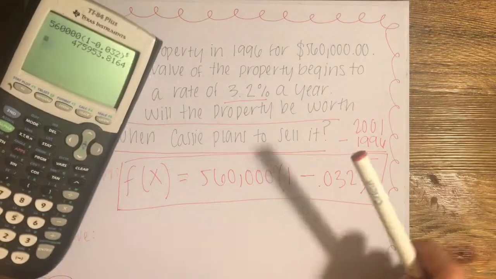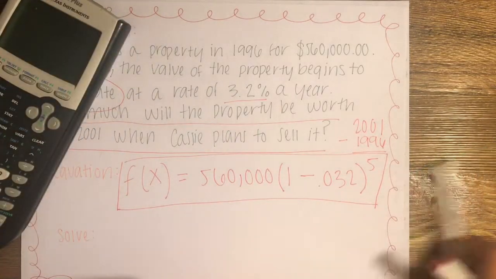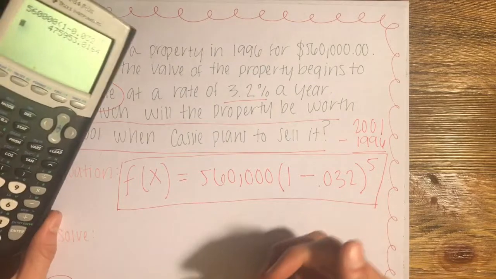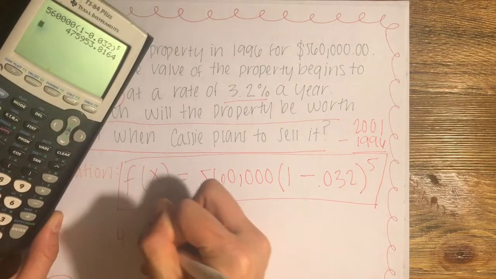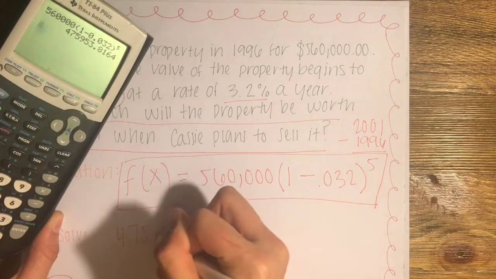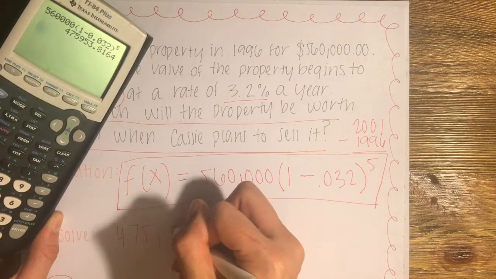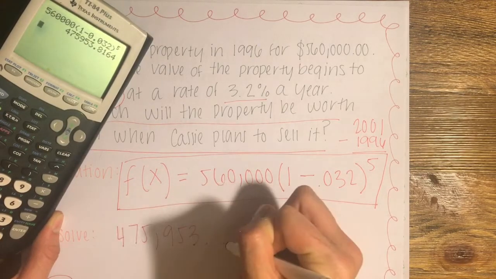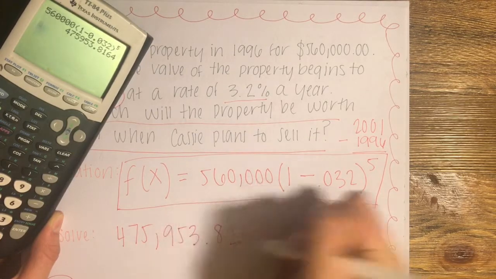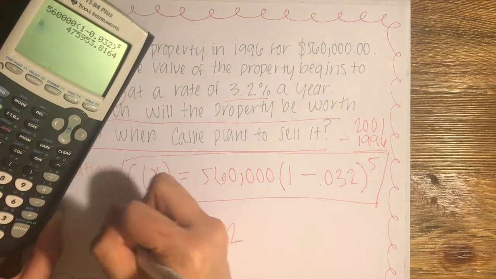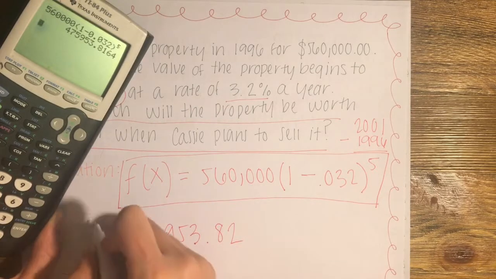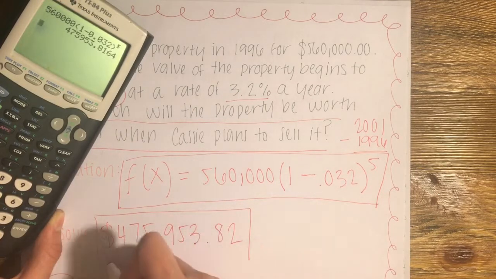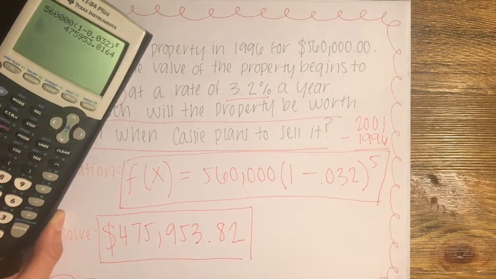And then we get this number, which is 475,953.82. Again, round to 2 decimal places because we're talking about dollars here. And that is your answer.